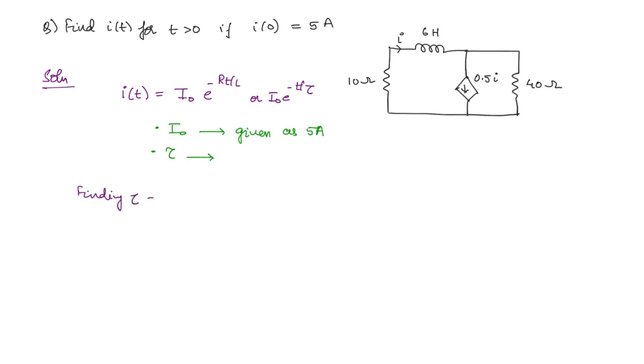So we know that tau is equal to L by R. Now L, anyways, there is only one inductor, not an issue. So L is equal to 6 Henry. Now R is the Thevenin's equivalent looking through the terminals of the inductor.